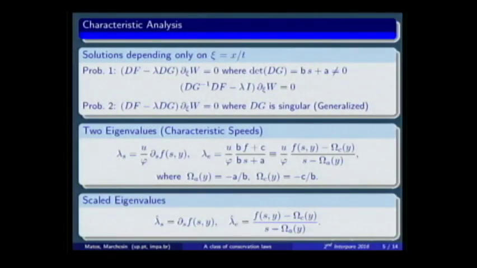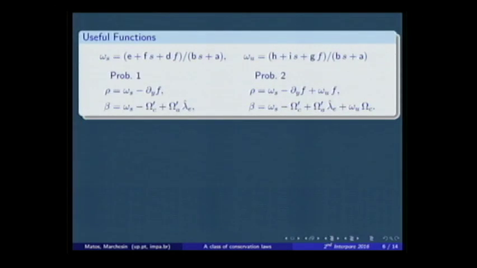Okay, these two eigenvalues can be scaled, thinking that the porosity and the Darcy law are constant, and we have two functions that depend only on the variables s and y in both problems. We need another functions.